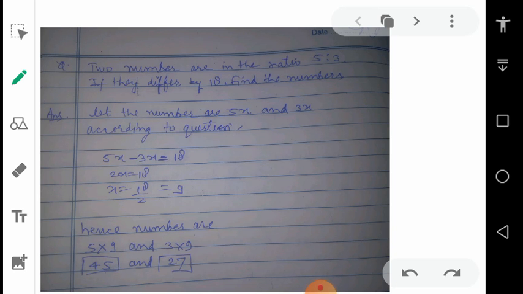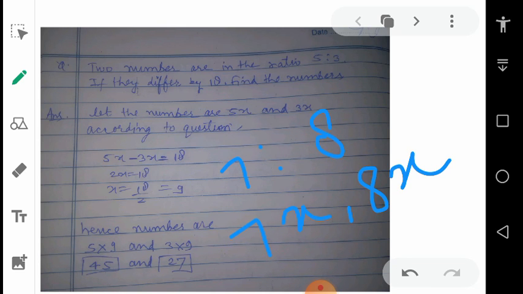If a ratio is given, this is a very important part. Then think of the numbers in such a way that the ratio is multiplied by a variable. For example, if a ratio 7:8 is given, then always think of the numbers as 7x and 8x.